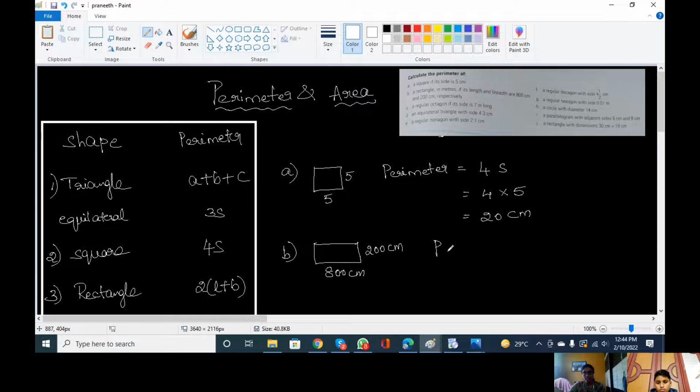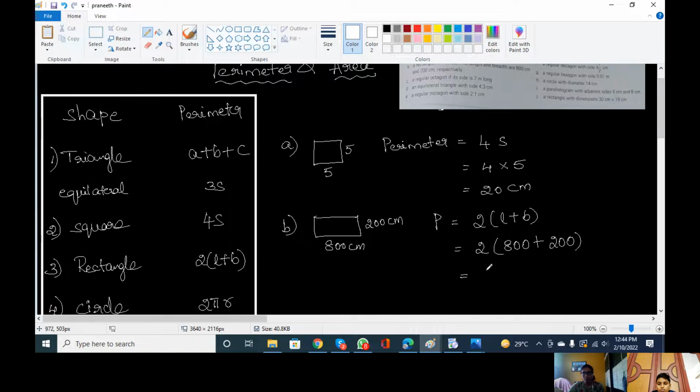So the perimeter of a rectangle is 2 times L plus B. Write the formula for each and every question, then substitute. 2 times L is 800 plus breadth is 200, which is nothing but 2 times 800 plus 200 is 1000. 2 times 1000 is 2000.